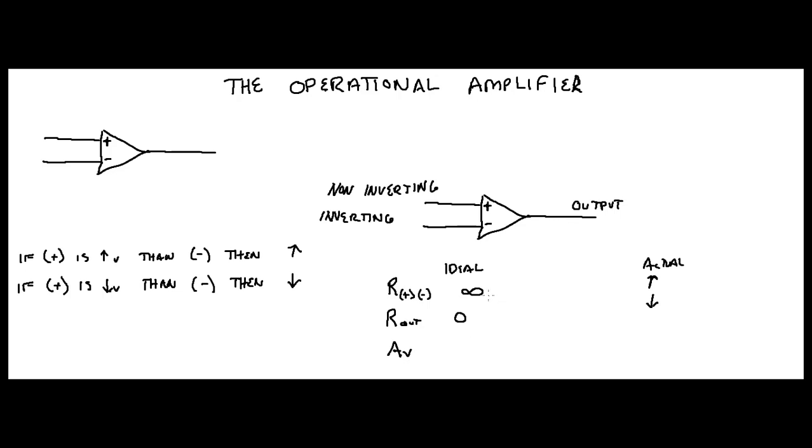By the way, this is in ohms. Now AV, or gain, is unitless. Ideally, the gain of an amplifier is going to be infinite, right? Infinite gain. But in actuality, it's just very, very high. 100,000 maybe a little more.